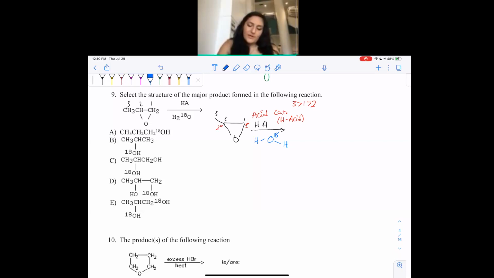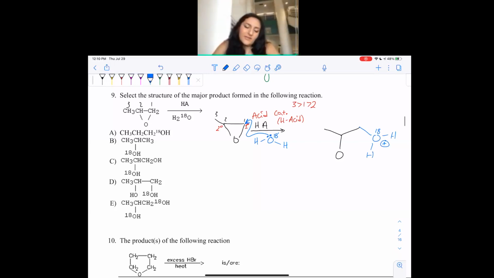So our lovely OH here is going to attack, and we get OH2. And don't forget, the one that you just added is an O18. We know this is a plus and this is a minus, so we can just do an intramolecular proton transfer.